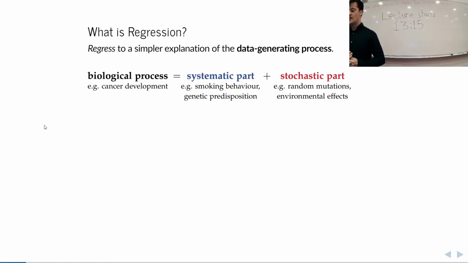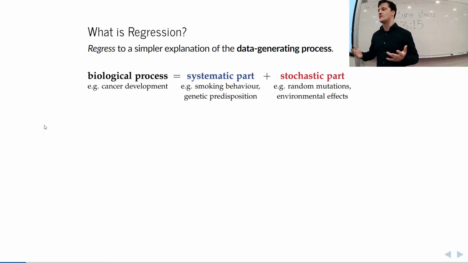And then there's the stochastic part. That's the difficult part. It's basically everything that we do not or cannot measure, or everything that we cannot measure with infinite precision. So you can think of really minute things like background radiation or random mutations occurring. Even though one person might receive more radiation or carcinogenic substances than another, it is still random where the mutations are going to occur.